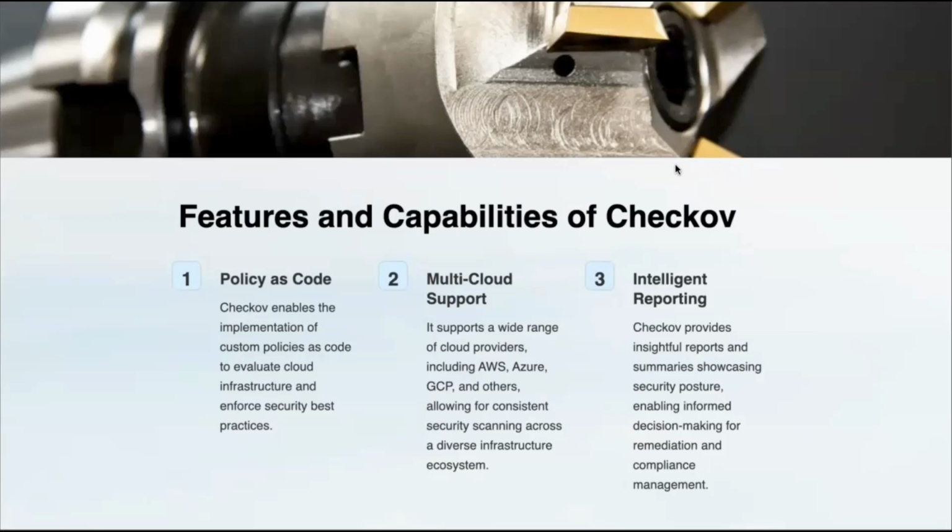So the very first thing is policy as code. We implement the policies in the form of code, which helps in scanning other code for policy violations. Okay, so that's where we say it is policy as code. We create custom policies based on certain defined policies.